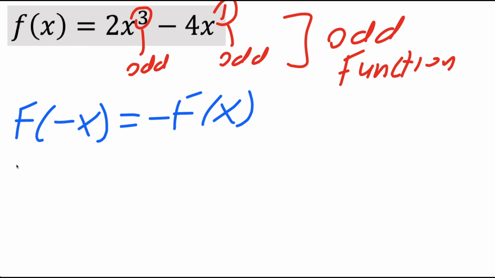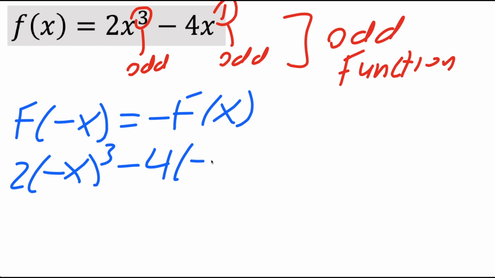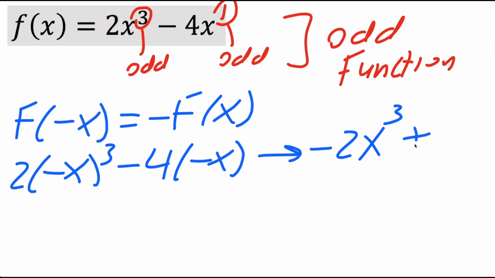So let's try the first one. 2 times negative x raised to 3, minus 4 times negative x. And what is that going to give us? Negative x times negative x times negative x, you have 3 of them, so you'll get a negative 2x cubed. A negative 4 times a negative x is a positive 4x. And now we have to try this version.